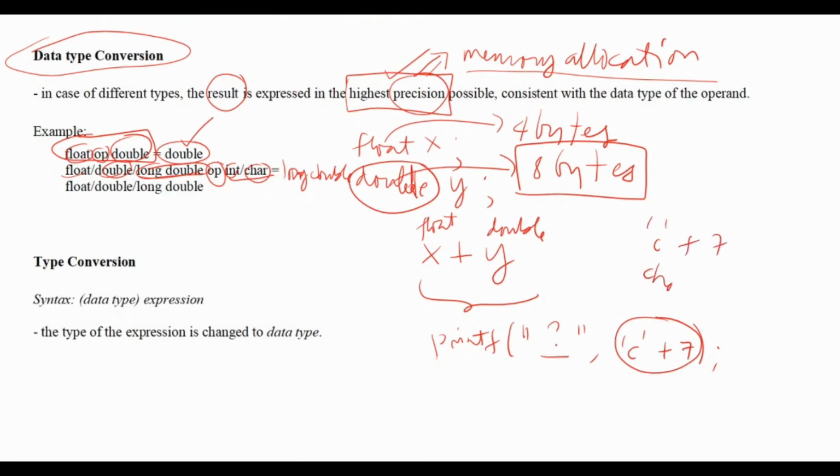C is type character and 7 is type integer. Which of these two data types has the highest precision or the larger memory allocation? It is integer, right? Because character is 1 byte memory allocation, integer is 2 bytes or 16 bits. So the value of the result of this one is type integer.